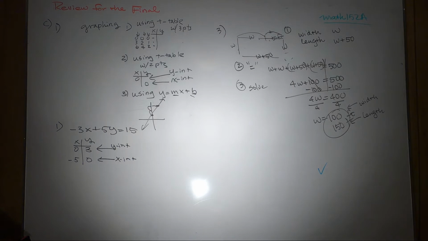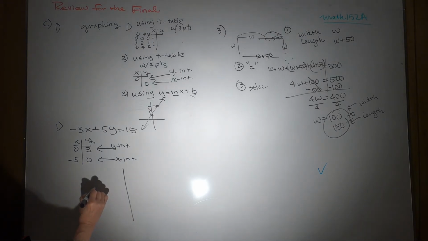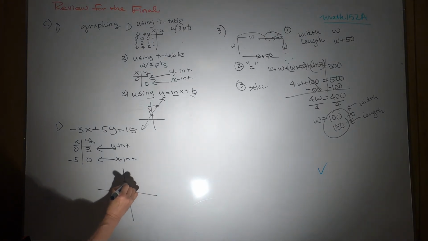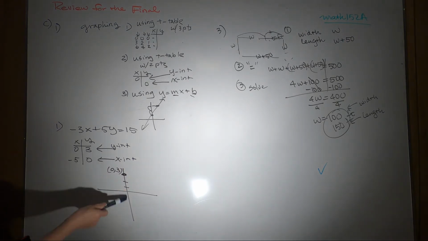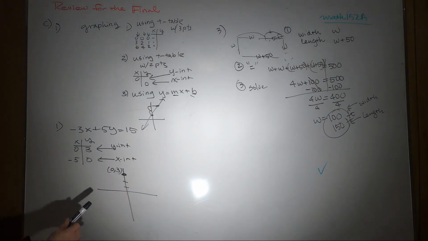Then how do you graph it? You do 0, 3, right? That would be your y-intercept on the y-axis. Then the x-intercept is 5 and 0. So it's right here on the x-axis.